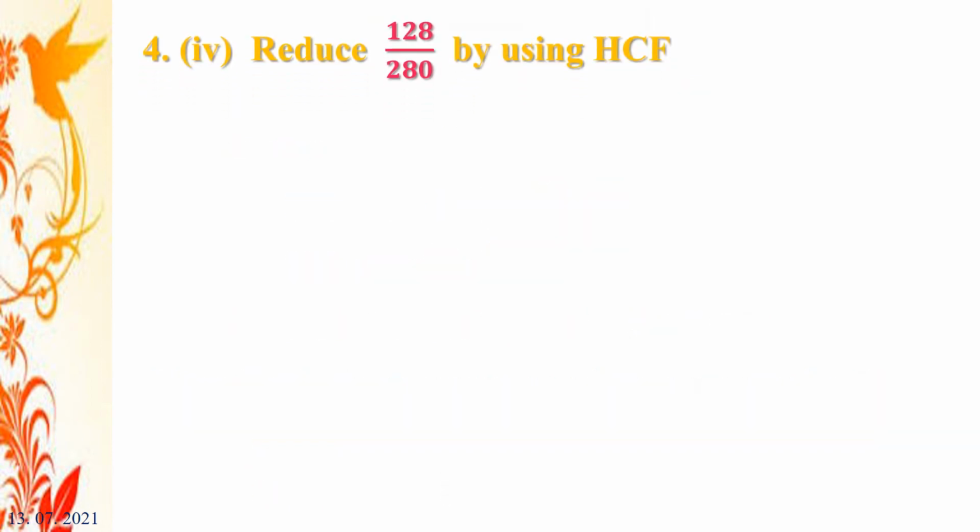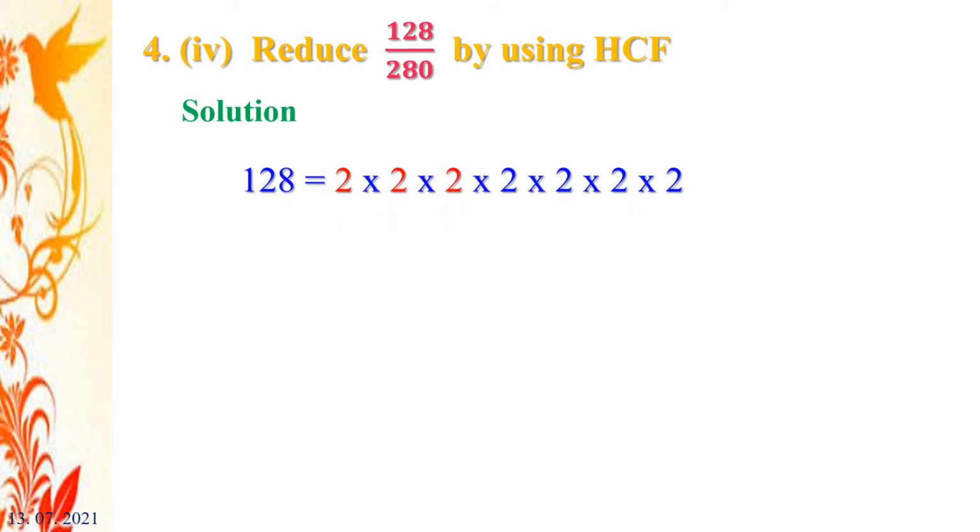Reduce 128 divided by 280 by using HCF. First take the numerator 128 and write all its factors, that are 2 multiplied with 2 multiplied with 2 multiplied with 2 multiplied with 2 multiplied with 2 multiplied with 2.